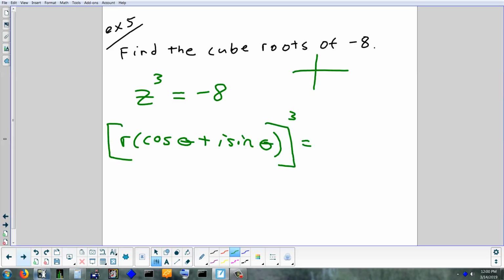So how would you graph -8 starting at the origin? Left 8. What's your radius if you go left 8? Normally you'd use the Pythagorean theorem, but I don't think you need it there. The radius is 8. Now what's my angle? I would normally use inverse tangent, but I don't think I need to. Your angle is 180.